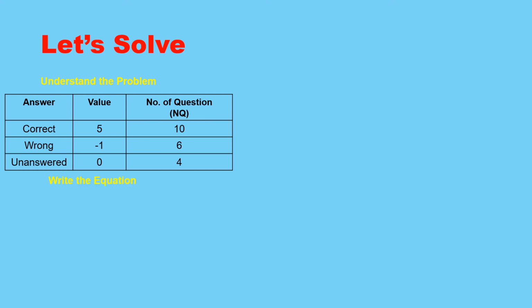Now, write the equation. I have here some formulation or conjecture. TM, or total marks. You have total marks equal to the value of the correct times the number of questions answered, plus the value of wrong times the number of questions, and then the value of unanswered times the number of questions.